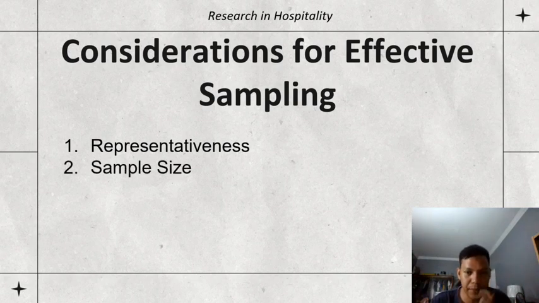Next one is the sample size. A sufficient sample size is crucial for achieving statistical power and generalizability. It's hard to pronounce this term, generalizability. Just like, for example, Pulse Asia or other entities, they distribute questionnaires or conduct interviews with a sample size of the voters.